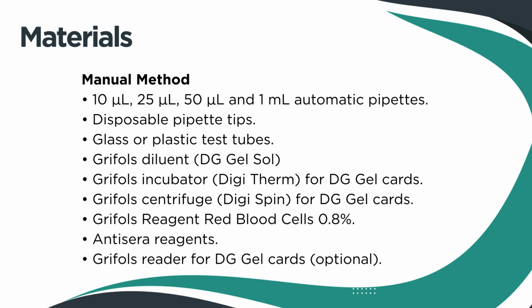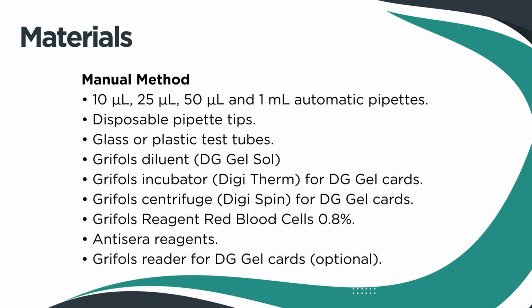Now, moving on to the specialized equipment, the Grifols diluent, incubator, and centrifuge each play a specific role in preparing and processing the DG gel card. The Grifols reagent RBCs at 0.8% concentration are essential, as are the anti-sera reagents, which help identify specific antibodies.